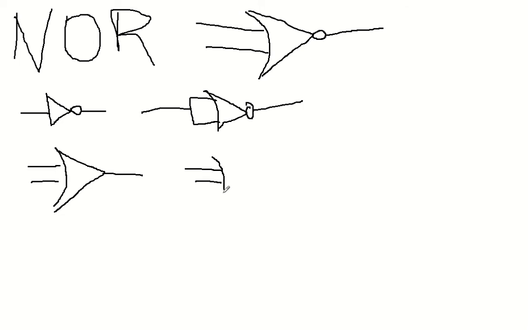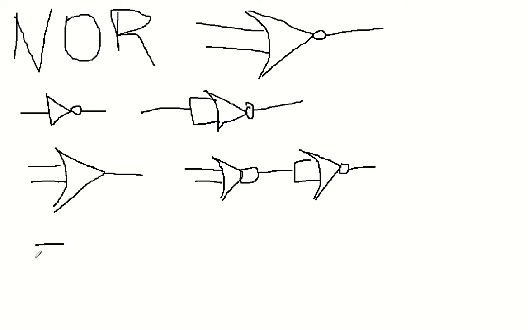Just take a NOR gate first, and then take the inverter form of NOR gate. So this is our OR gate done.